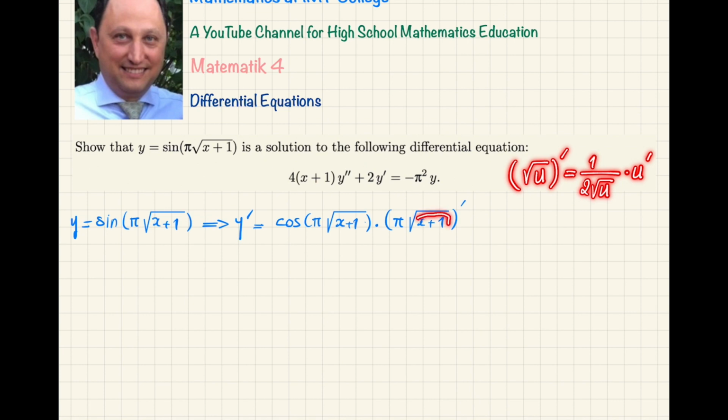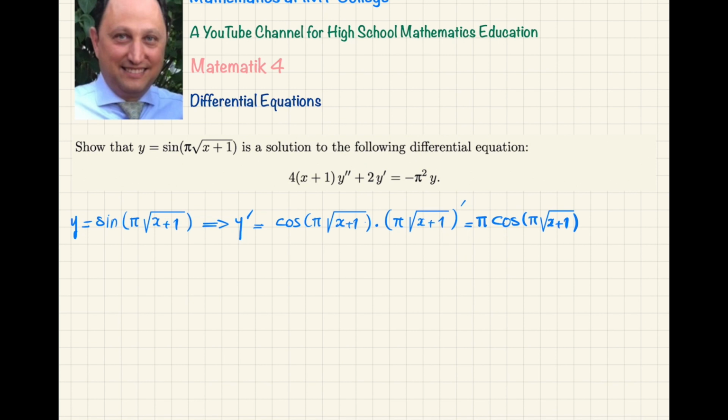Now I give the role of u to x plus 1, and u prime is simply 1, so I don't need to be bothered about this u prime. So I will take this pi out and put it first to be a little bit more organized.